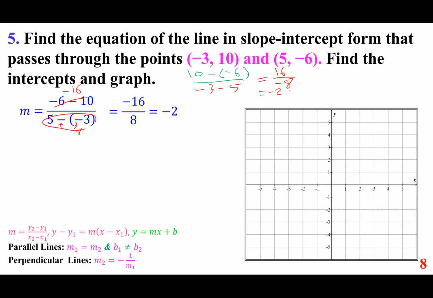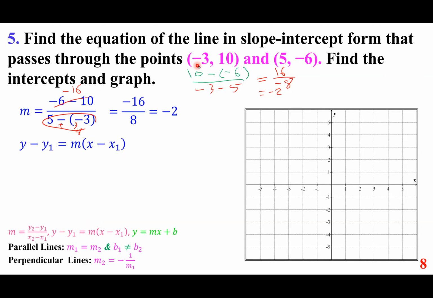Now, we want to find the equation of a line, and we are going to go with the point slope. Y minus y1 equals m times x minus x sub 1. And again, it doesn't matter which pair we choose. So let's say we choose the first one. Y minus 10 equals m, negative 2, times x minus negative 3, which means x plus 3.